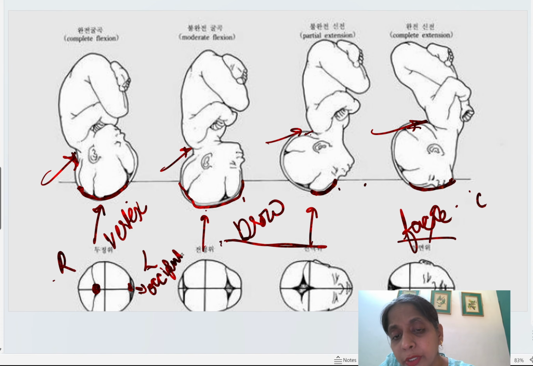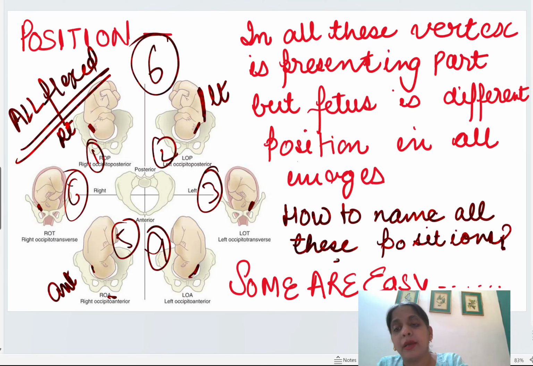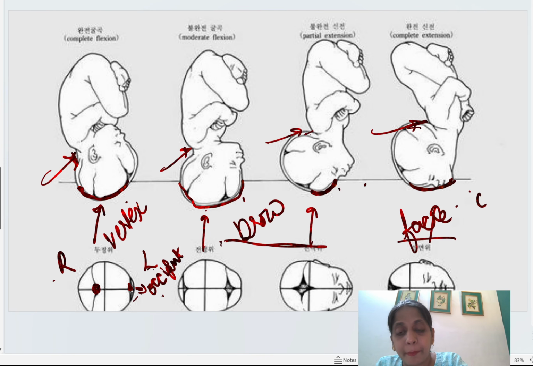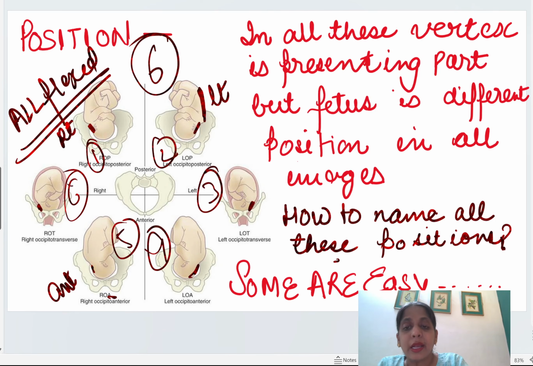It means the occiput is here, so the occiput is on the left. That is how we are going to tell all the positions. The occiput is on the left and it is transverse also, so here we will say left occiput transverse.